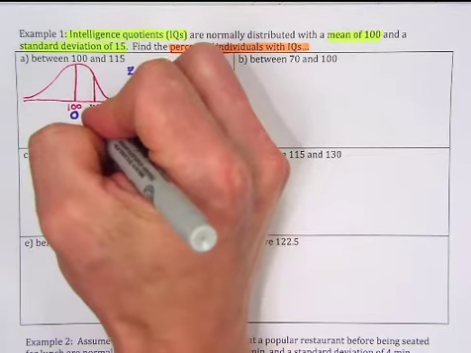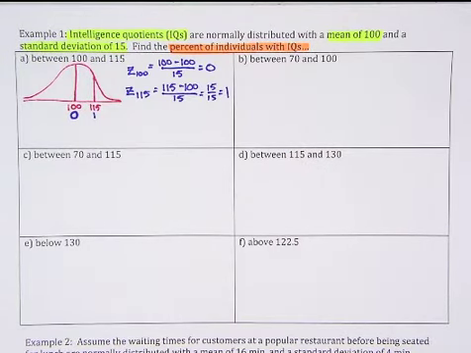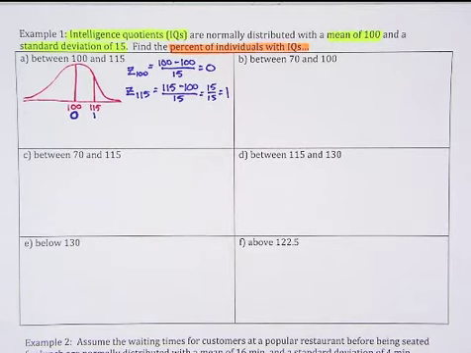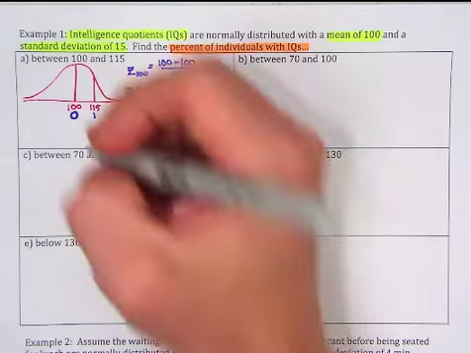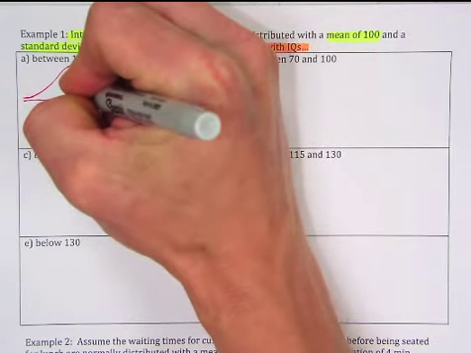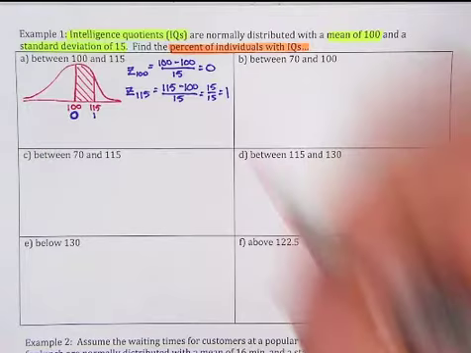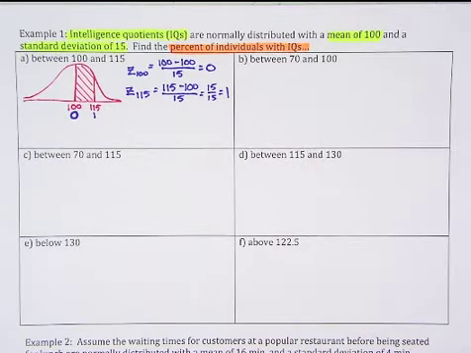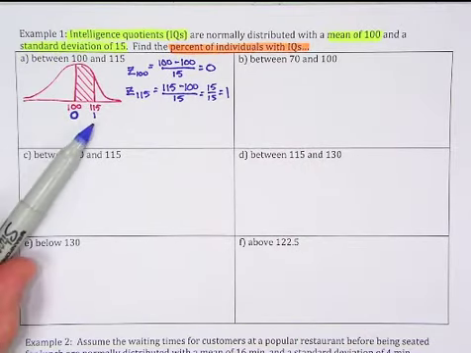And so we're going to write the z-score of 1 right there below 115. And now we're going to go ahead and shade the area that we need. So we're looking for between 100 and 115. So in a sense, it's going to be between the z-scores of 0 and 1.